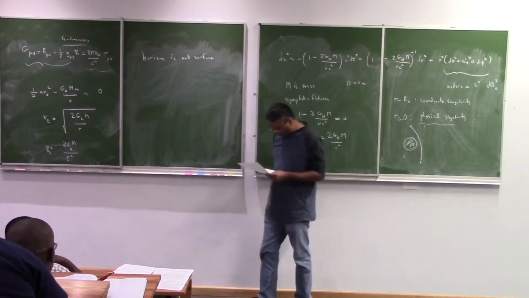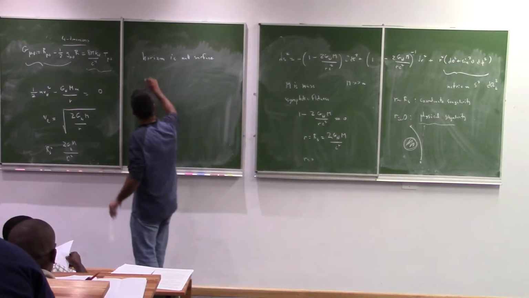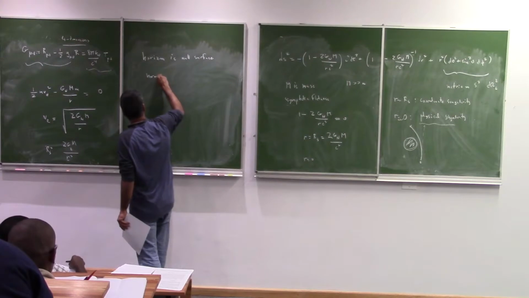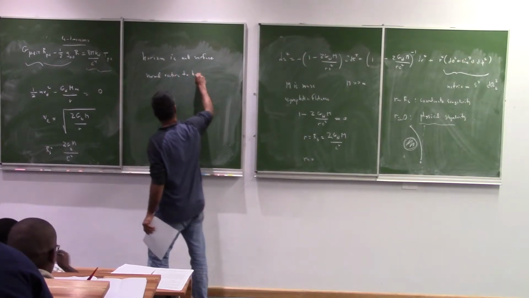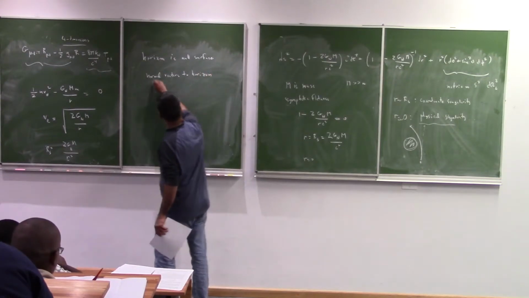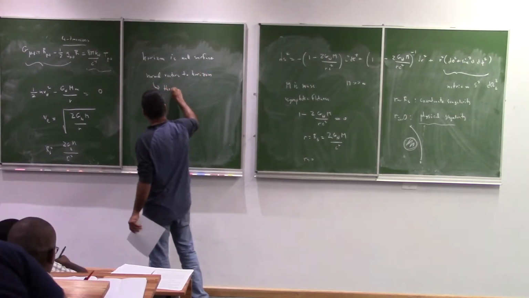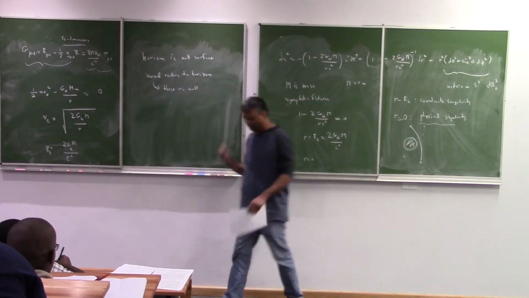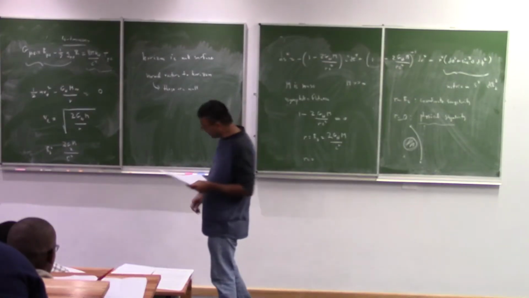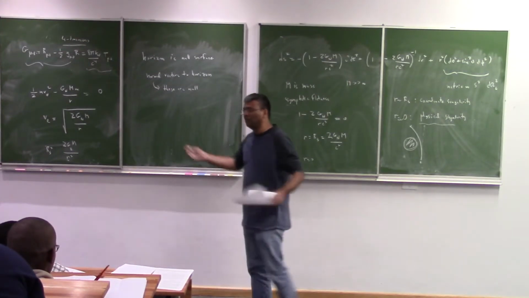If we consider normal vectors to the horizon, these are null, meaning they have zero length with respect to the local Lorentzian metric that exists at the horizon.